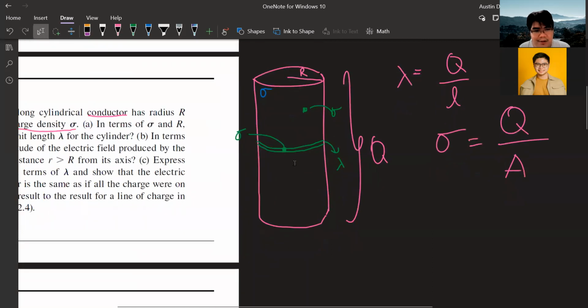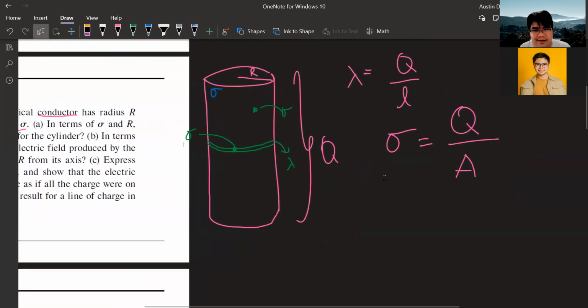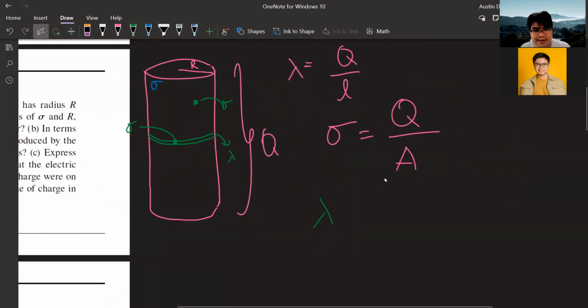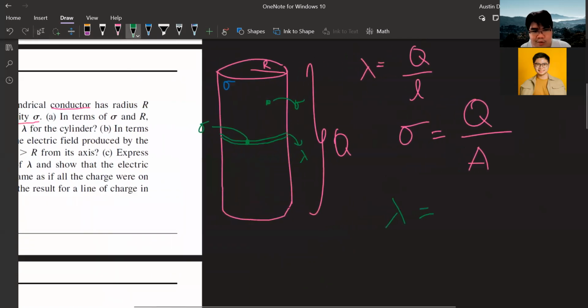Okay. So para maging equal tong sigma and lambda, you'd see that lambda must be equal to, bubuuin ko lang si sigma along this strip. Di ba, pabilog to, nakatuloy pa yan sa likod. Okay.